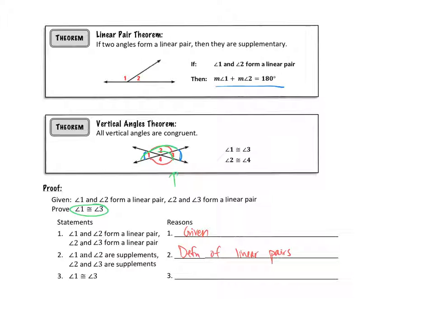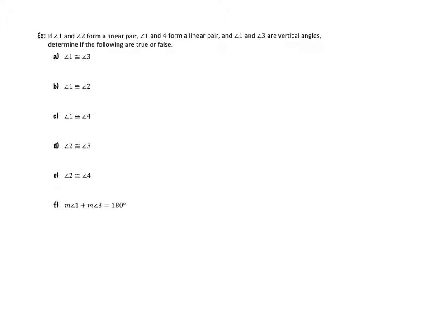And now, this satisfies the hypothesis for my congruent supplements theorem, and that is the conclusion for my congruent supplements theorem. So my reason for statement 3 is the congruent supplements theorem. Almost done.